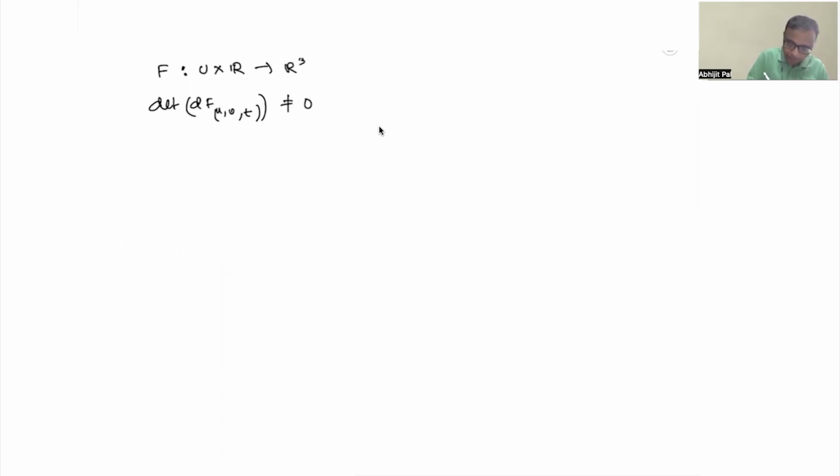So this implies the following. Let us take the point (ub, 0). This follows from the inverse function theorem.